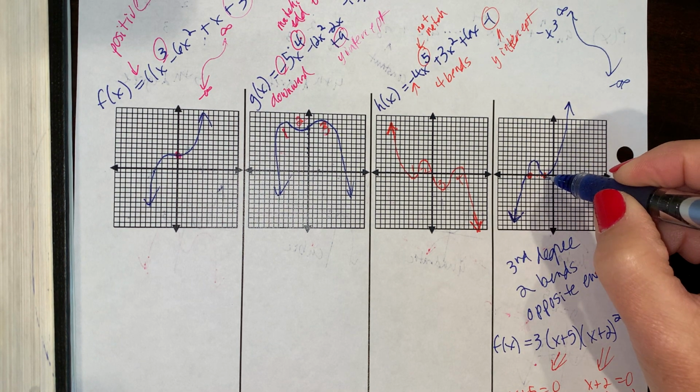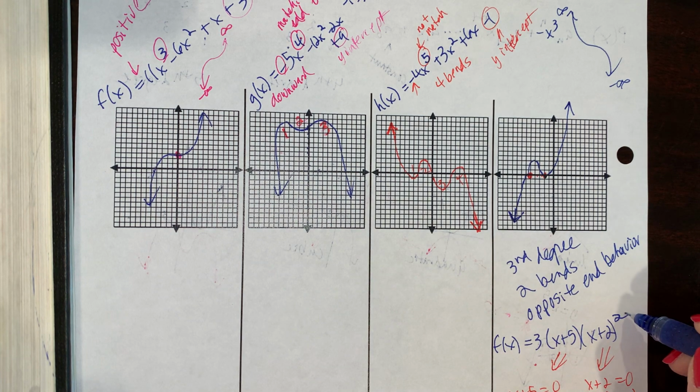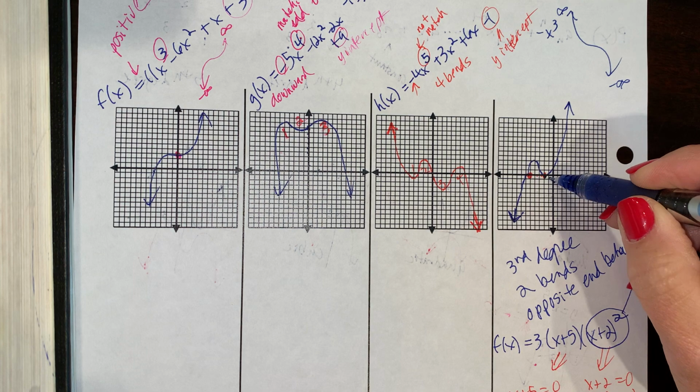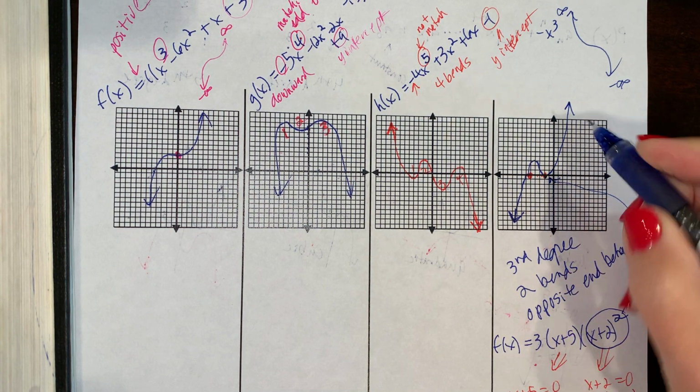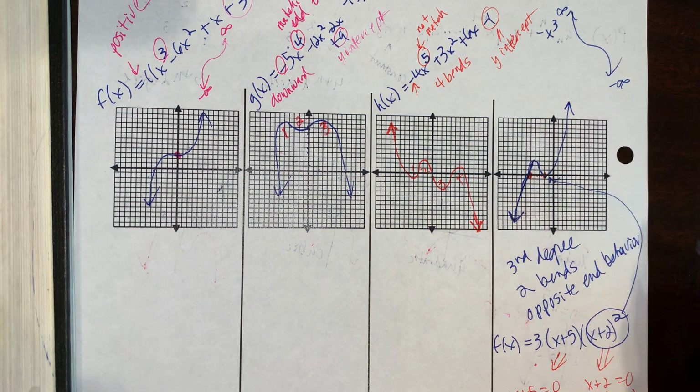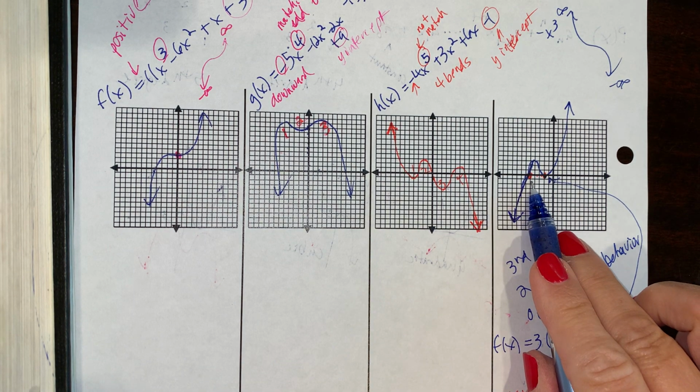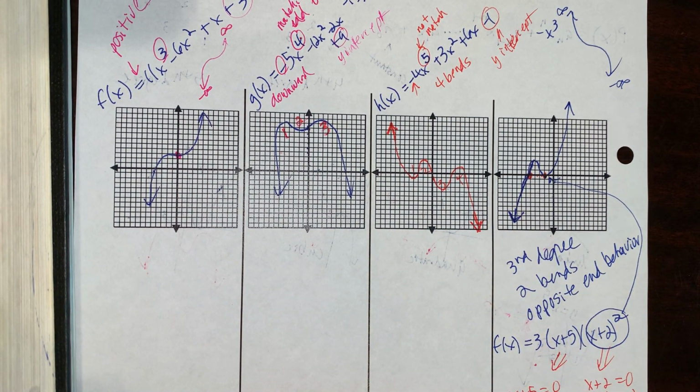Something like that. And here's another thing that I know. Because of this being squared, I know that it will touch at 2, but it won't pierce through like it pierced through at negative 5. And we'll get to that as we do some more graphing.